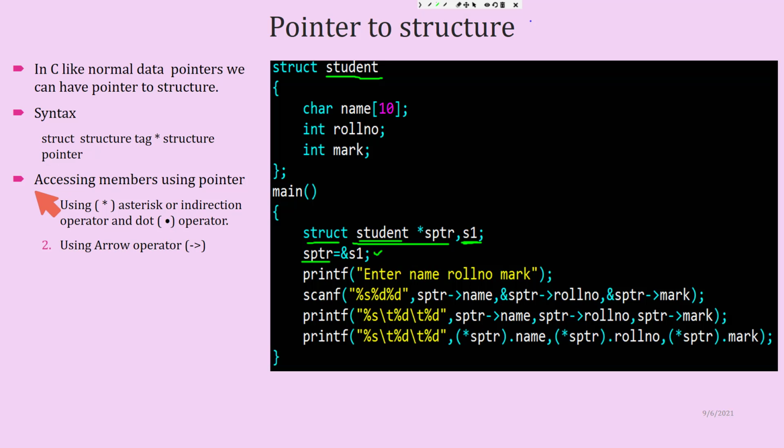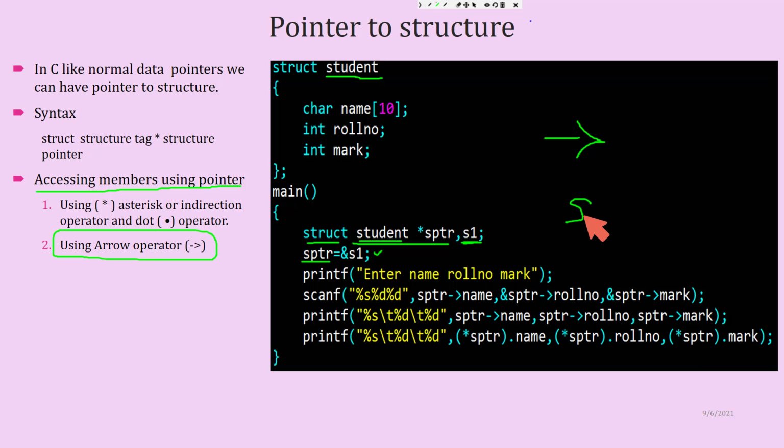Accessing members using pointer. First I will discuss the second option, using arrow operator. Arrow operator means the minus symbol followed by greater than. When we are using a structure pointer, you have to use it like this: SPTR, arrow operator, followed by the member.